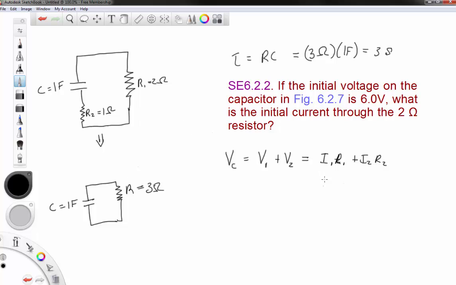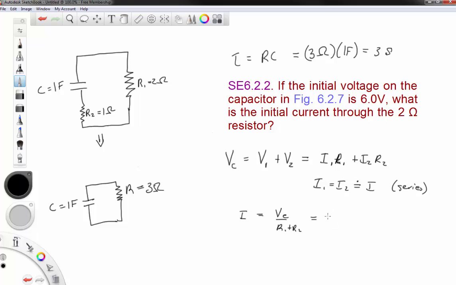And since they're in series, I1 and I2 are actually equal. So I1 equals I2 equals I, because they are in series. So therefore I must be VC divided by R1 plus R2.